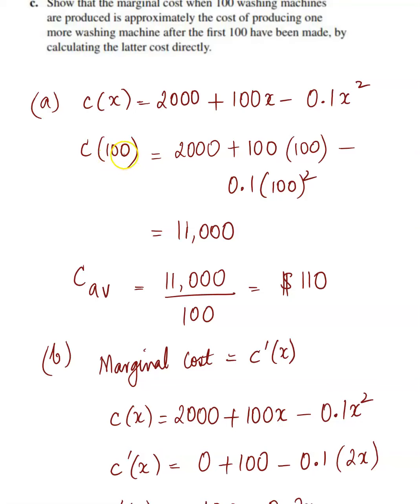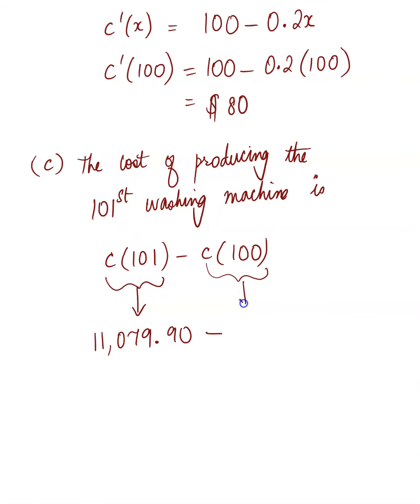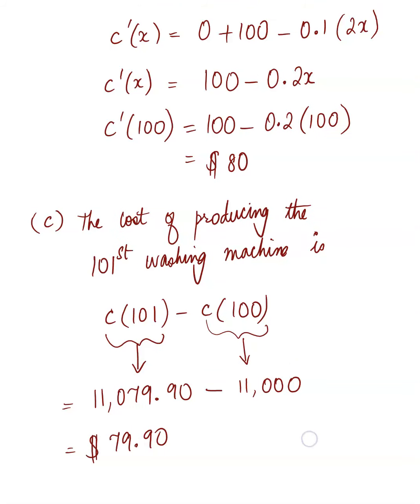So instead of 100, you do 101 to get the first part. That comes out to be 79.90. And you can see that part B and part C come out approximately equal to each other, because that's 80 and this is 79.90 when you do it manually.